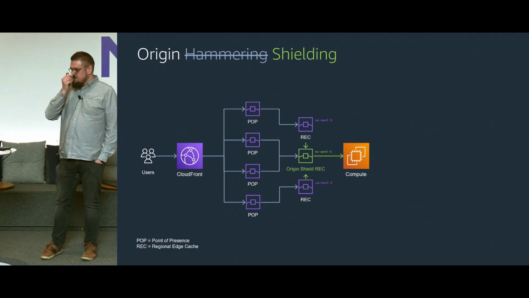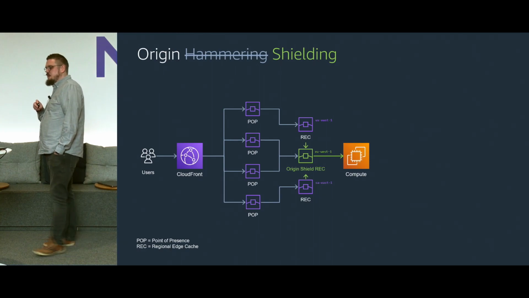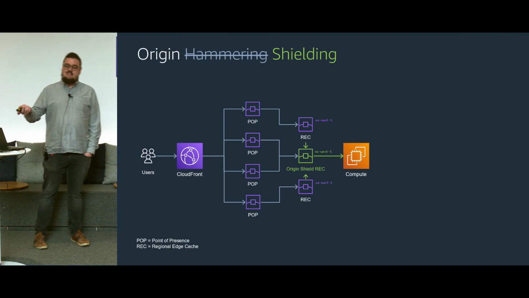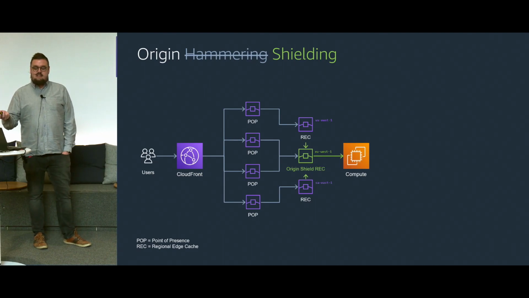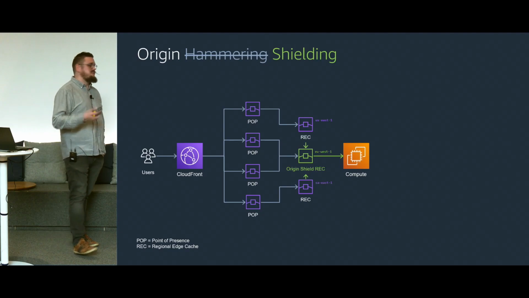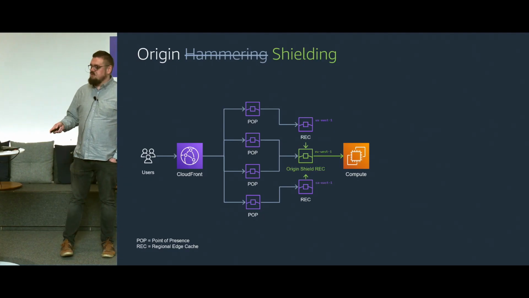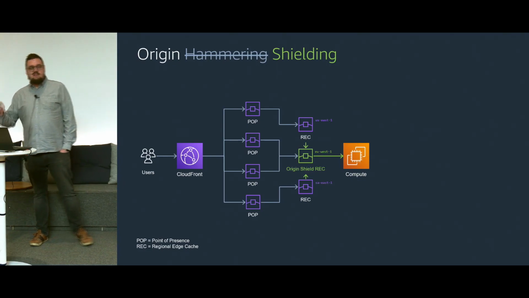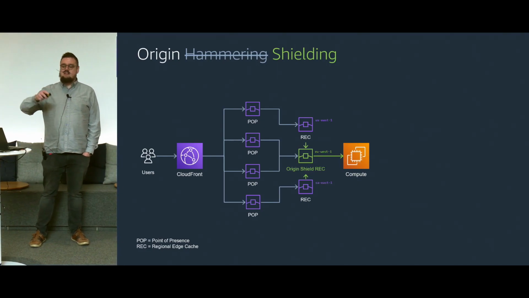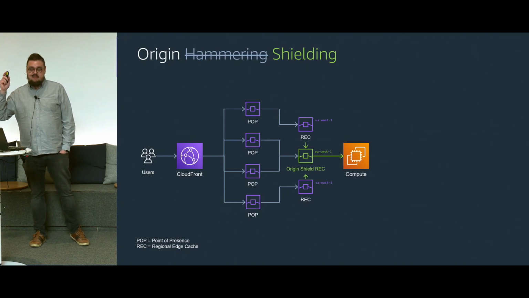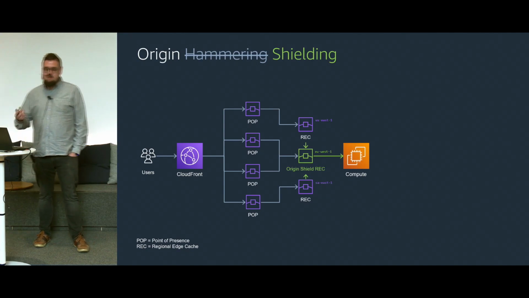And that will result in a situation that, let's say if the US East 1 regional edge cache doesn't have the content that the user is requesting, instead of going to the origin directly, the US East REC will first query the origin shield REC, so EU West 1.